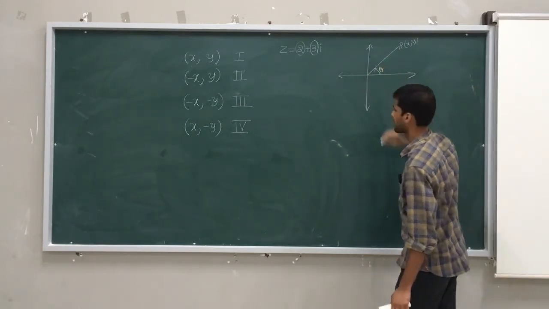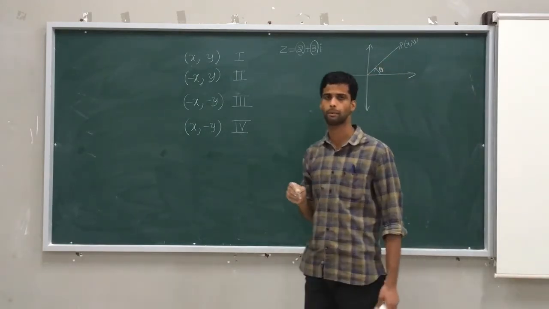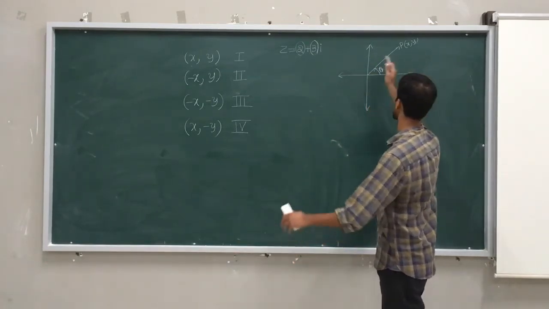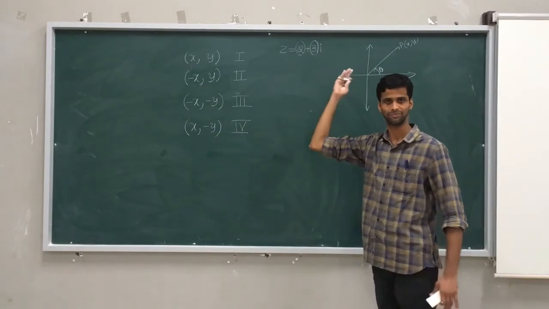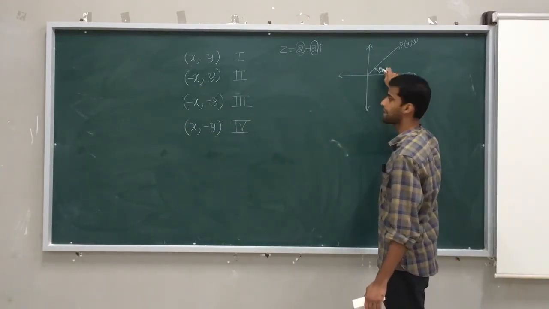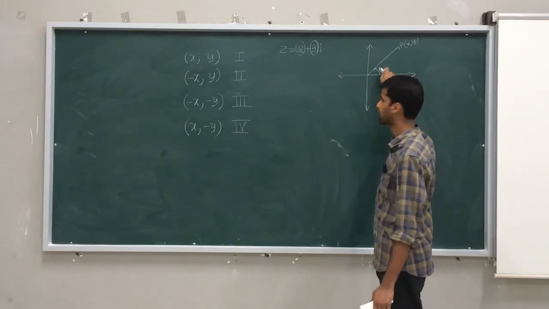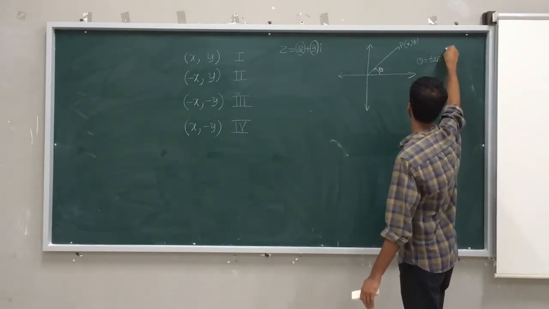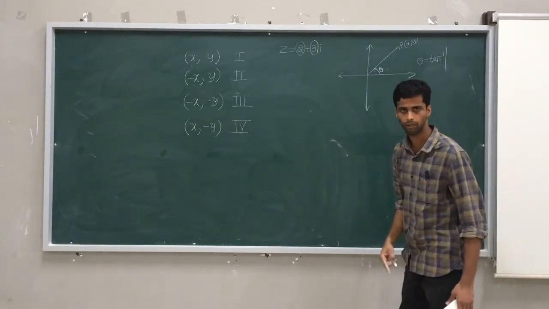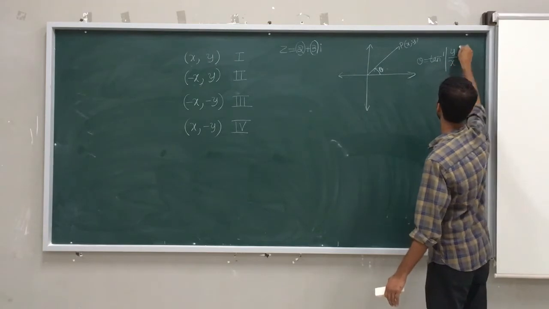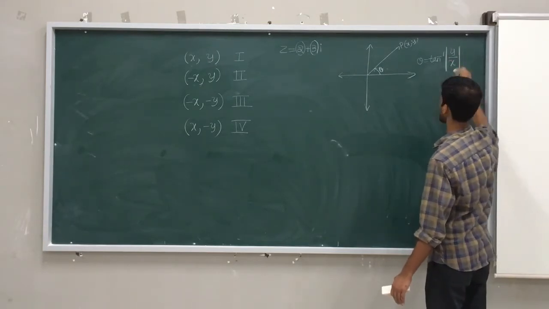Always keep in mind, the argument or amplitude is the angle made with the positive direction of the x-axis, not the negative direction. Therefore, if it falls in the first quadrant, theta is directly tan inverse of y by x, but in solving problems, take it as the modulus of y by x.